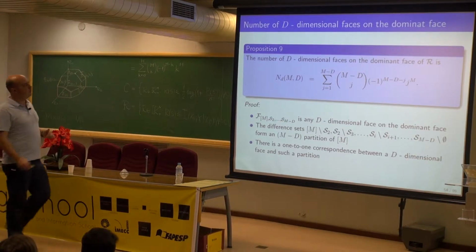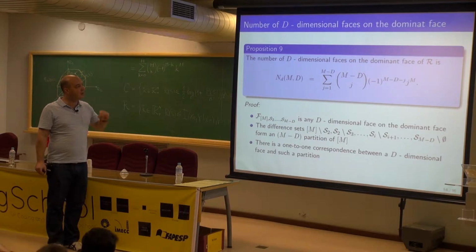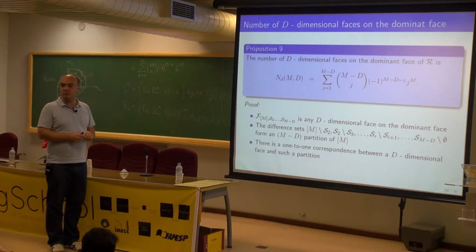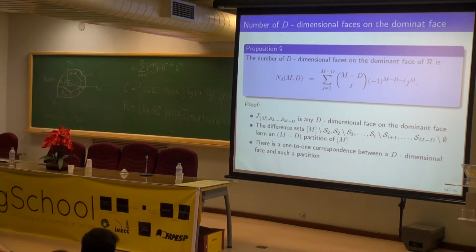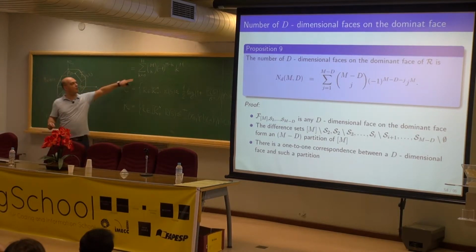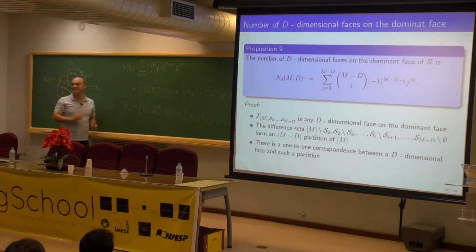We start from the number of d-dimensional faces on the dominant face of R. And then we will see how it develops. Does anyone have an idea what this is? It's m factorial. Why?